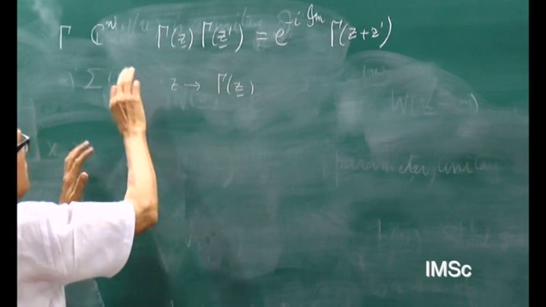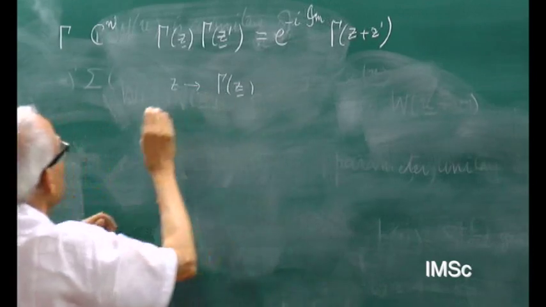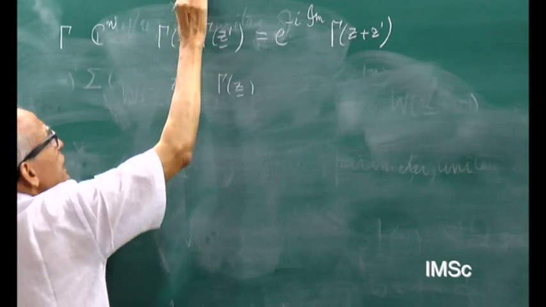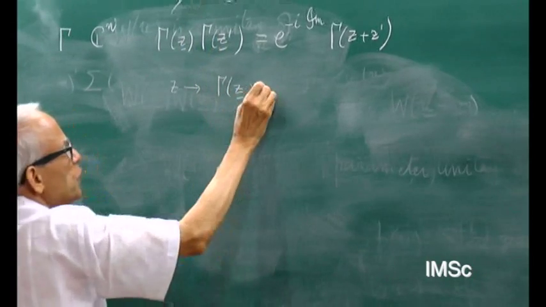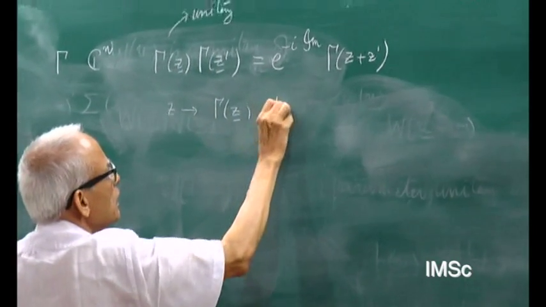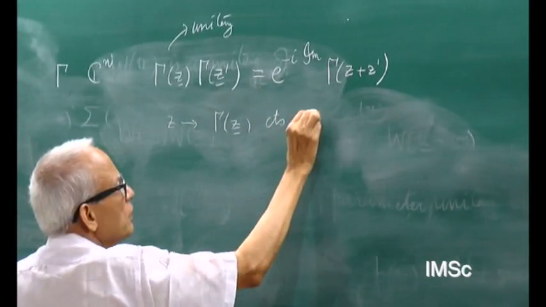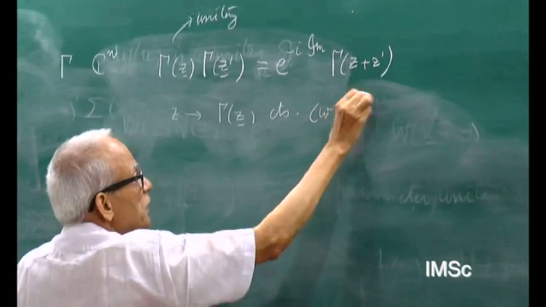Of course, these gamma z are unitary, so you can put weak or strong continuity, both are same.